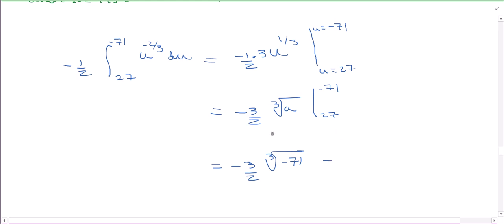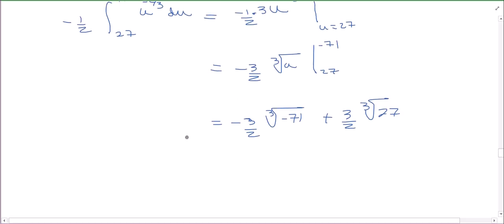So minus a minus 3 halves becomes plus 3 halves, the cube root of 27, and that we can do. The cube root of 27 is 3. So our final answer will be negative 3 halves, cube root of 71, plus 3 halves times 3, which is 9 halves.